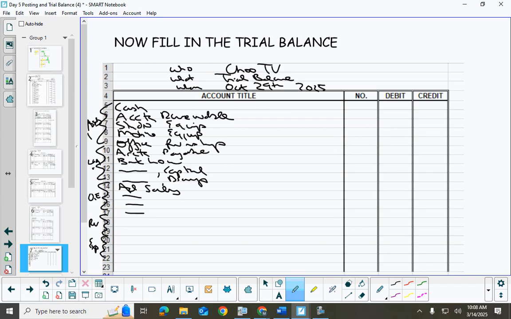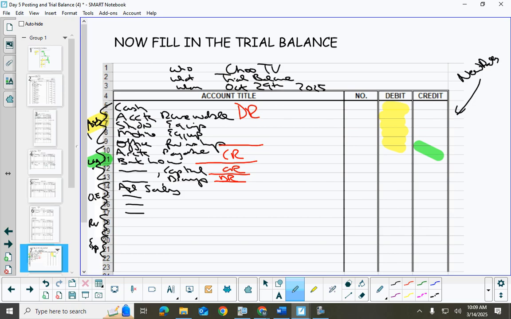So what you do over here is you put their new balance in under each column. So assets will all have a debit balance. Liabilities will all have a credit balance. So these will all be debit. Accounts payable will be credit. Capital will be credit.